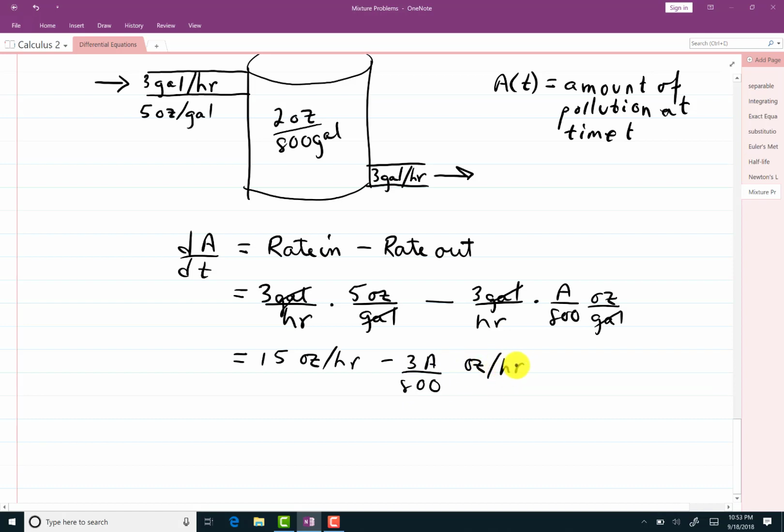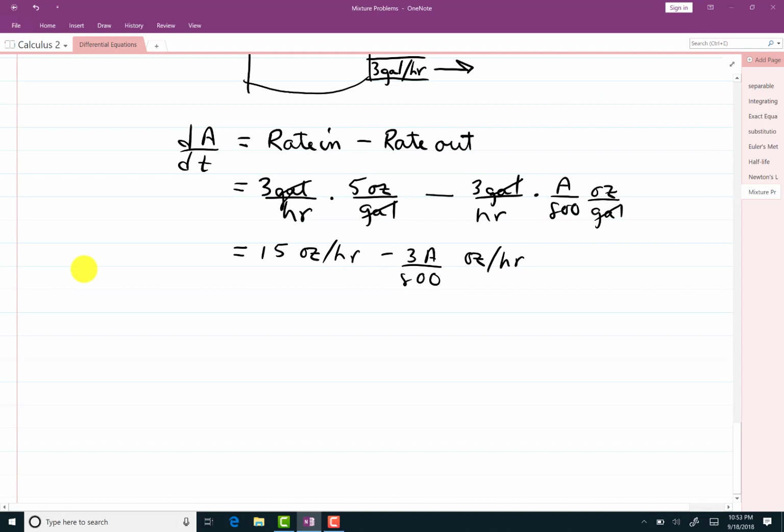So these match up. The differential equation that I want to solve is dA over dt equals 15 minus 3A over 800. And I'll do just like I did before. You can separate if you want. I'm going to use the linear equation and do integrating factors.